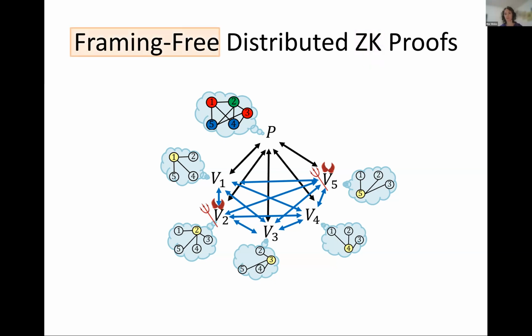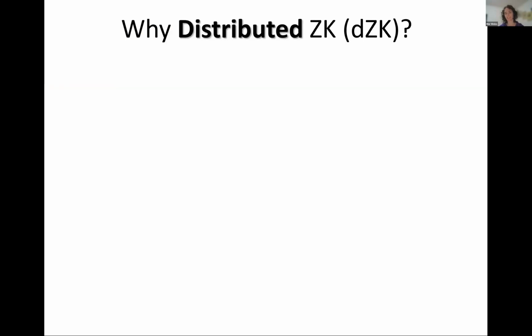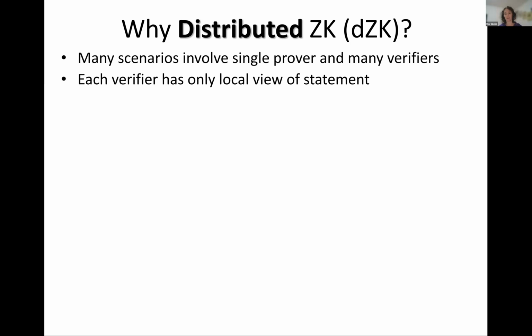And framing free in this context means that a subset of corrupted verifiers can't frame the prover, so they can't cause the honest verifiers to reject a true claim. As I said, this is a non-standard setting for zero knowledge, and you might ask yourselves, why do we even care about it? The reason is that there are indeed many situations where we have one prover and multiple verifiers, and each verifier only has a local view of the statement.